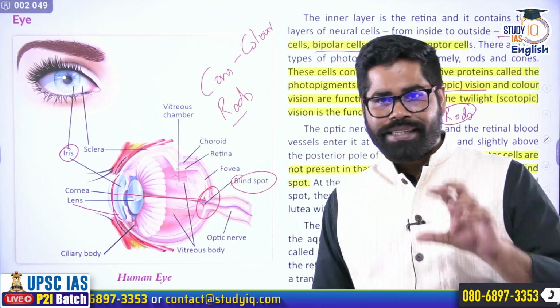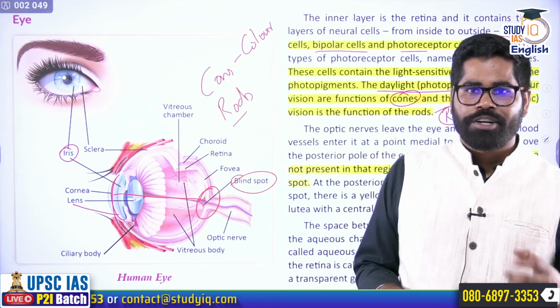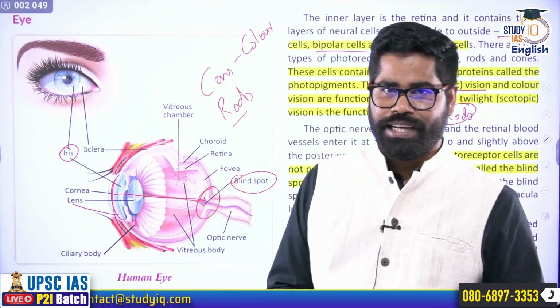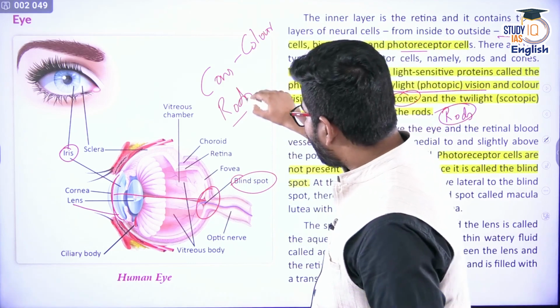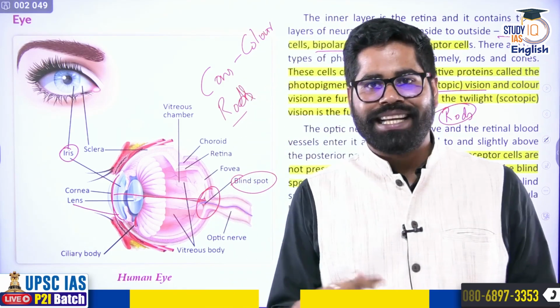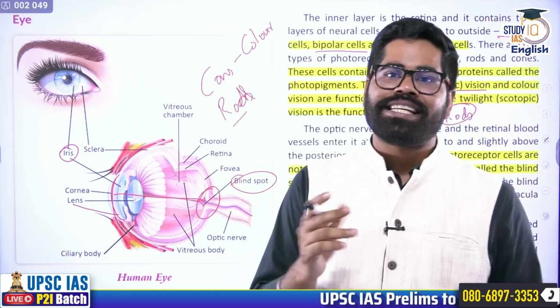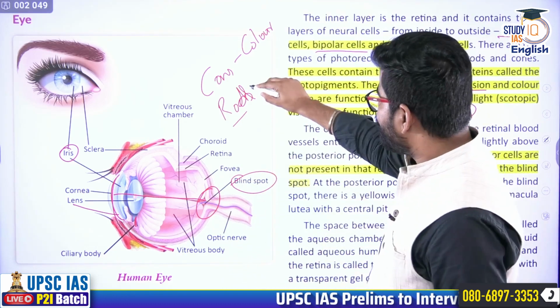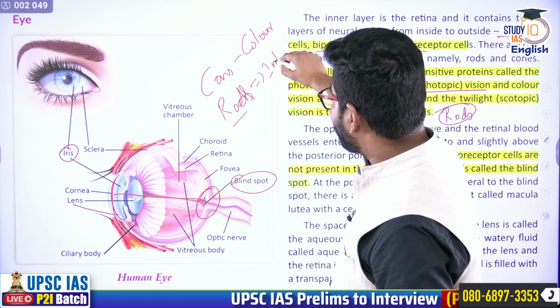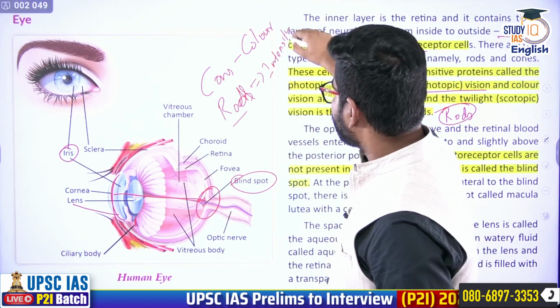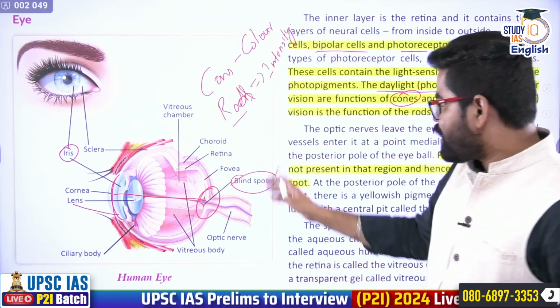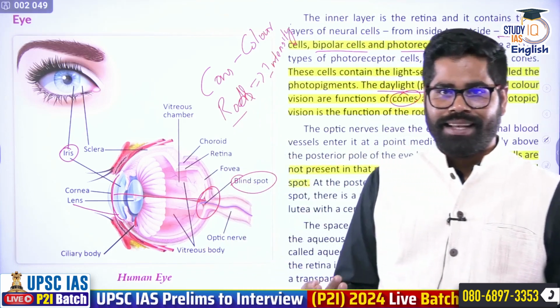They help us to identify the color of the object. Whereas rod cells help us to distinguish the intensity of the light. So that is the role of the cone cell and the rod cell inside our eye.